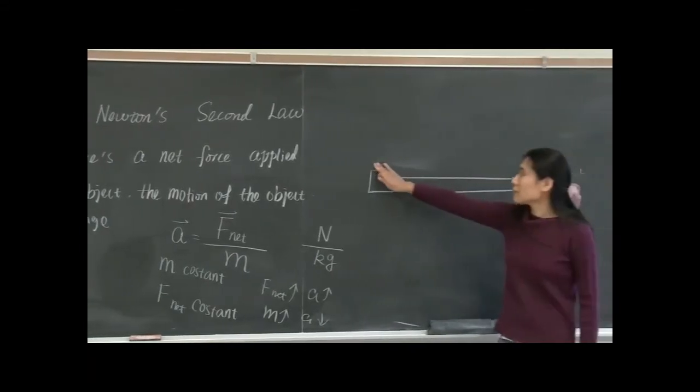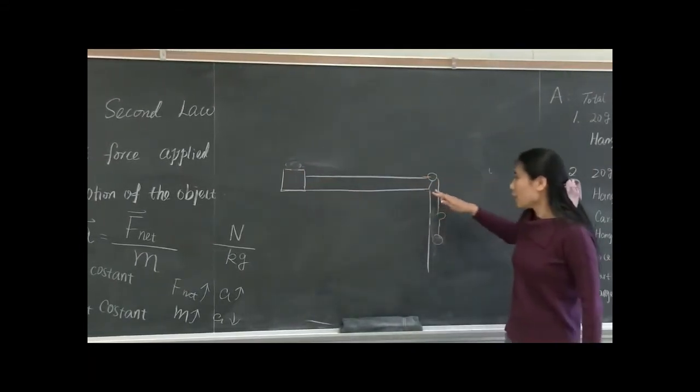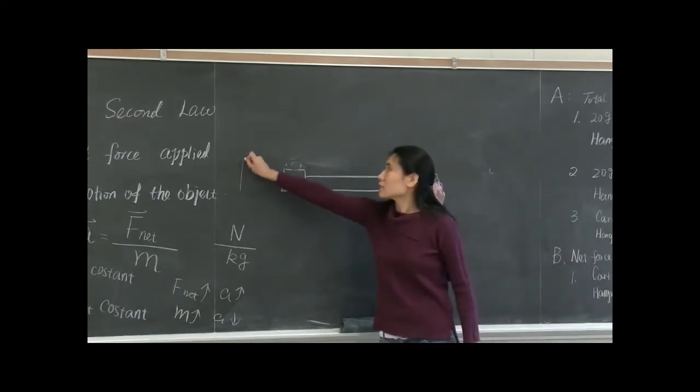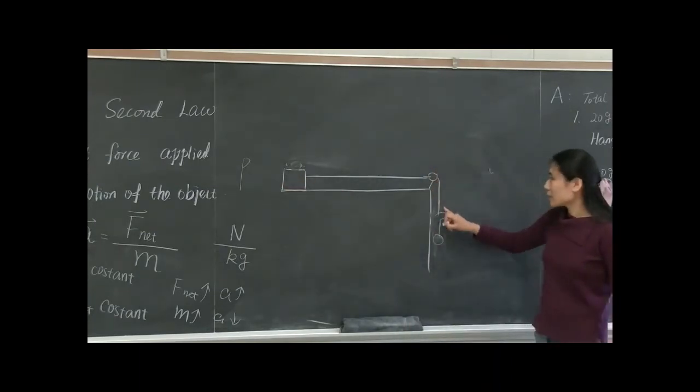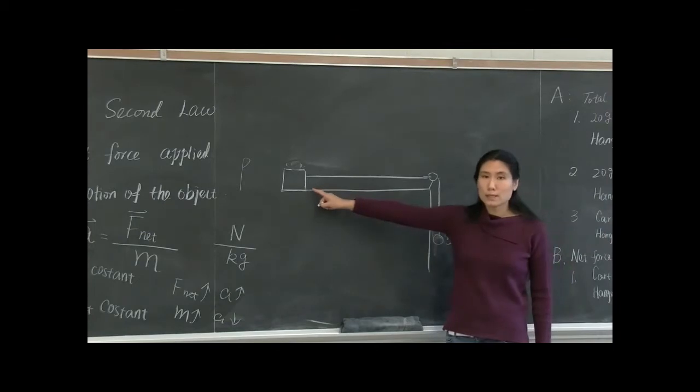On our measurement setup, we have a sensor which can sense the motion of this object, which is a cart. On the other side, there is a pulley attached with a hanger. The hanger is about 50 grams. And we need to know the mass of this cart.